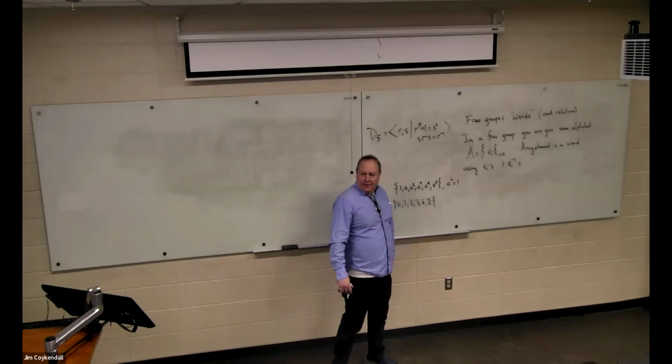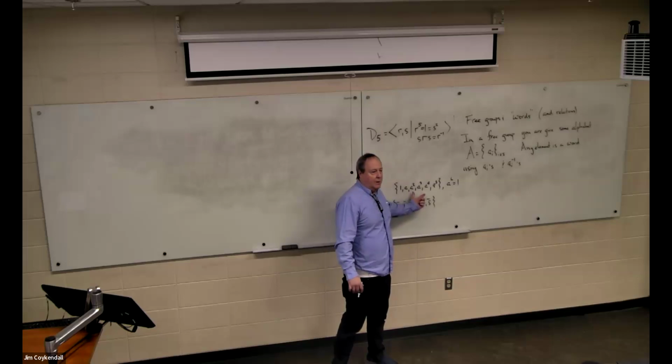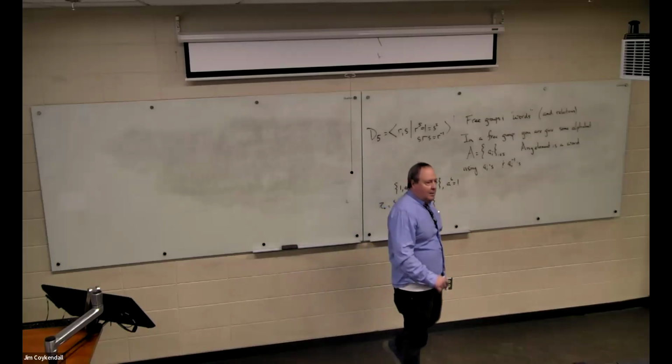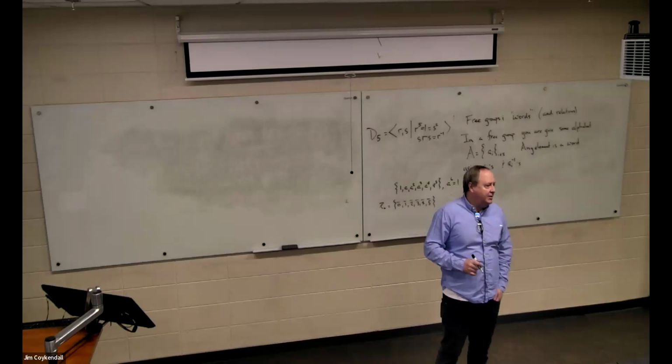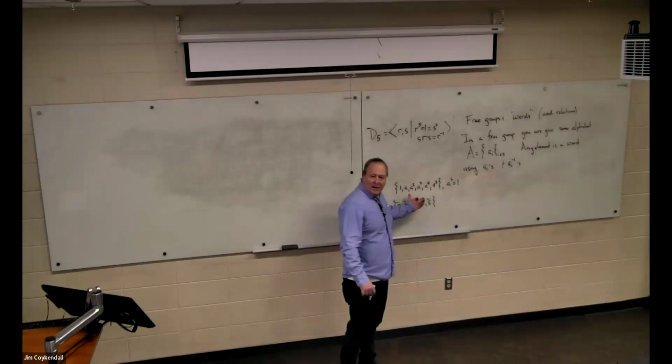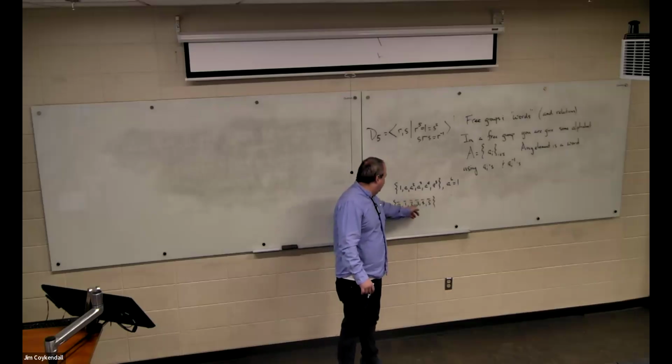These groups are different, because this one's written multiplicatively and this one's written additively. But they're different only in presentation, not in spirit. Everybody agree with that? They both have the same thing going on. In fact, this thing's functioning sort of like the exponents function here.